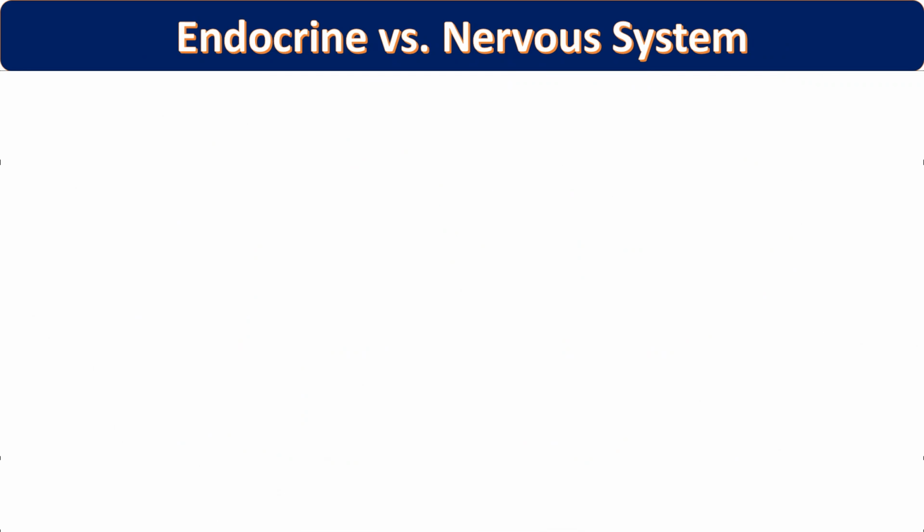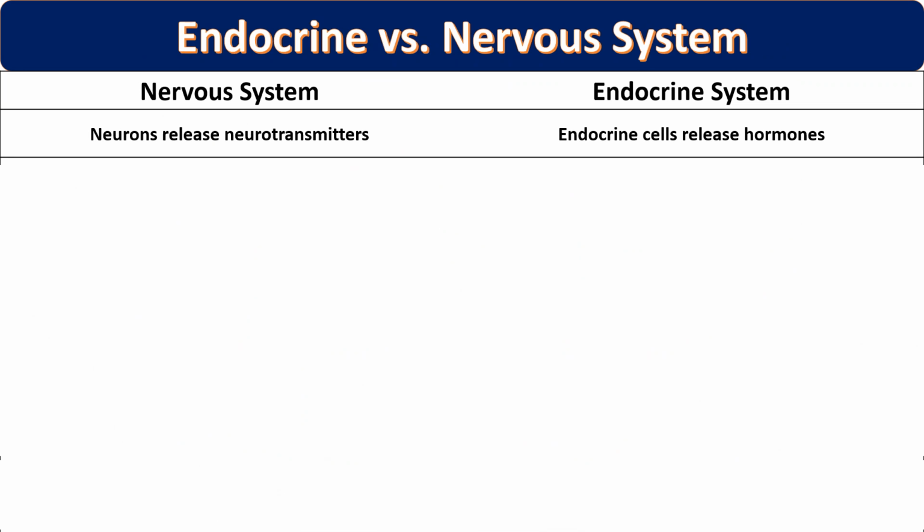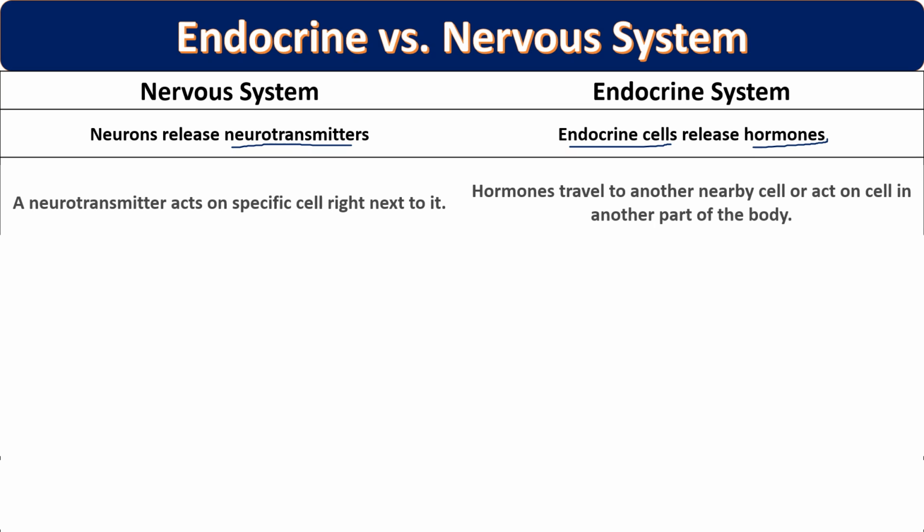What are the similarities, and what are the dissimilarities? First, the secretory product of the nervous system is called a neurotransmitter, whereas the secretory product of endocrine cells is called a hormone. The nervous system releases neurotransmitters.